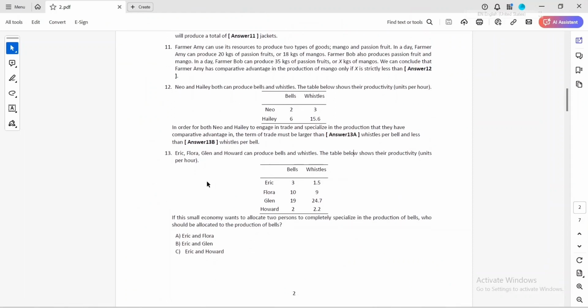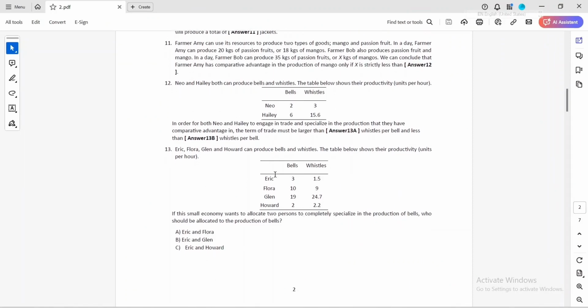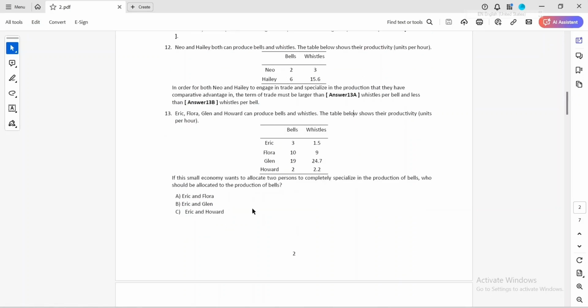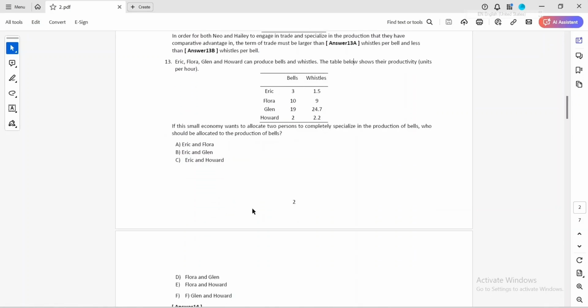Now in question number 13, again this is similar to question number 12. You are given a table of values of units per hour, and you are asked to find among these options which one is correct. So you have to find out the opportunity cost for all of them, and then decide who are efficient in the production of bales.